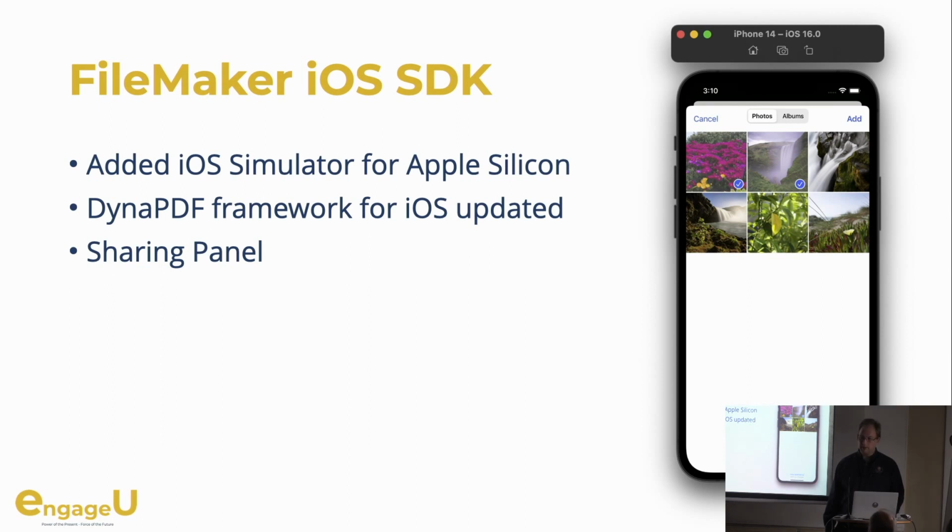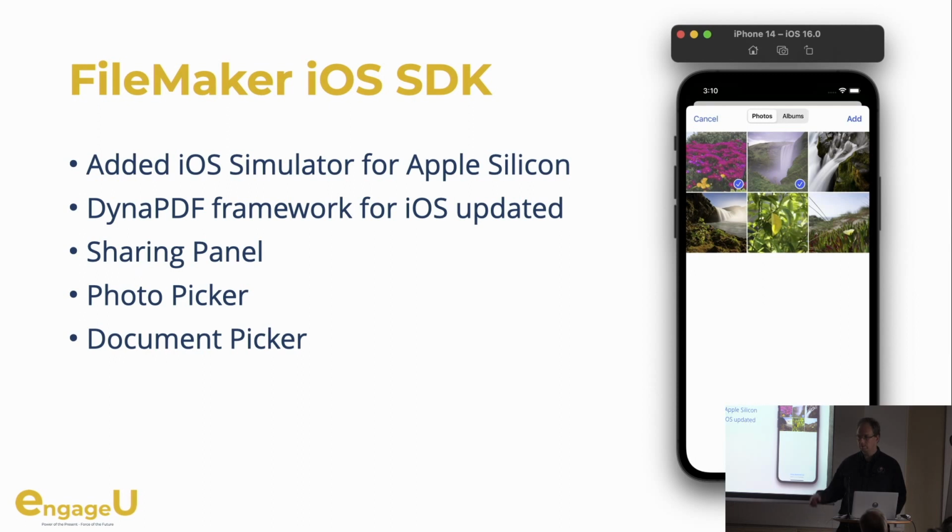For example, you can share text with a subject line and some pictures to make an email with those pictures as attachment. We also got photo picker functions, which allow you to show this nice dialog to pick pictures from your photo library and import them to your FileMaker solution. We also got a general document picker, which provides you a save and open dialog on iOS, so you can open files from iCloud or save to iCloud.